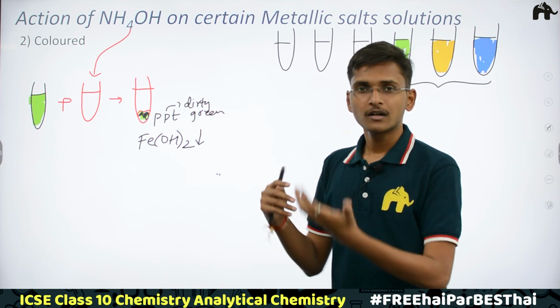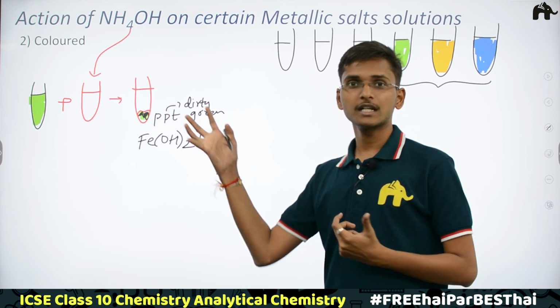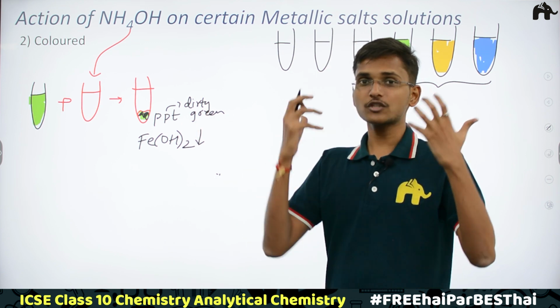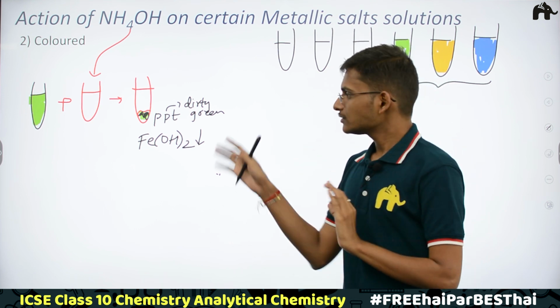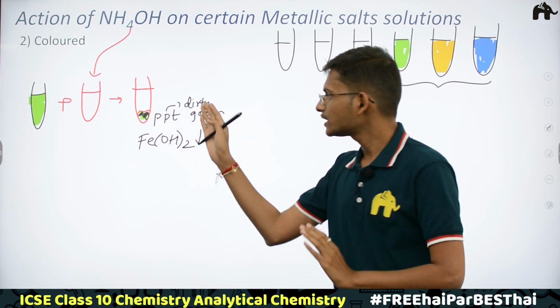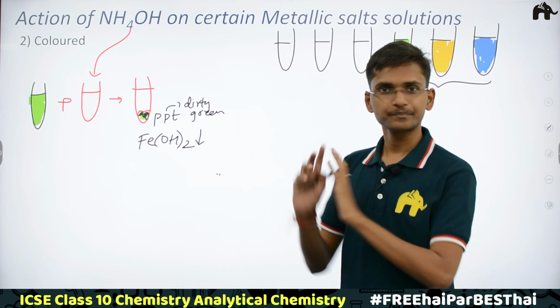If you do it with the help of sketch pens or markers, it would be very useful for you to remember the colors, because when you do it actually, there is more chance of you remembering it. So now you can correlate the colors. Colors of the precipitates are exactly the same in case of both NH4OH and NaOH, okay.